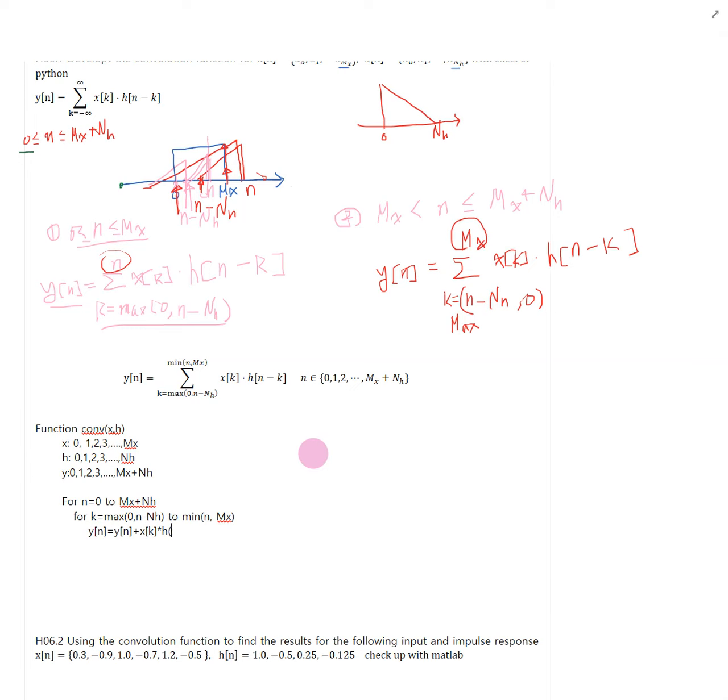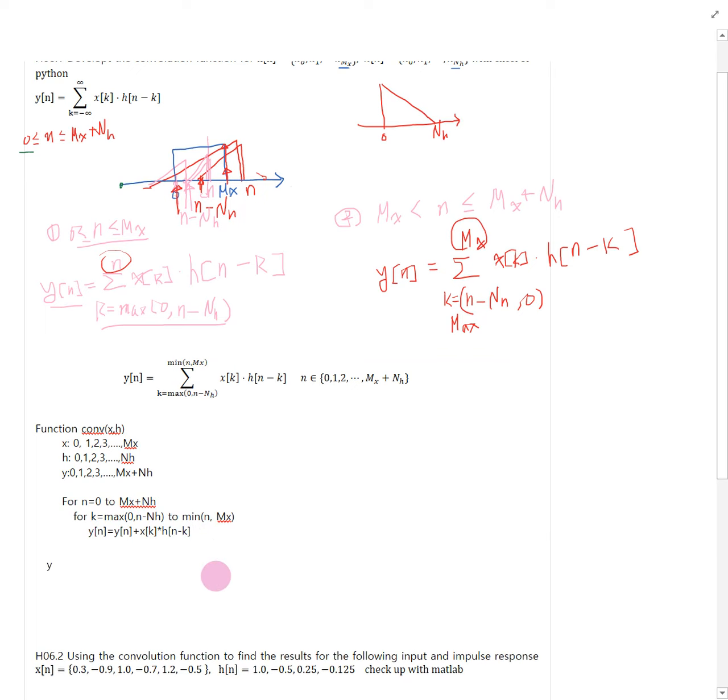The product. And after accumulating all these with index n starting from 0 to mx plus nh, we get y, which stores the convolution.